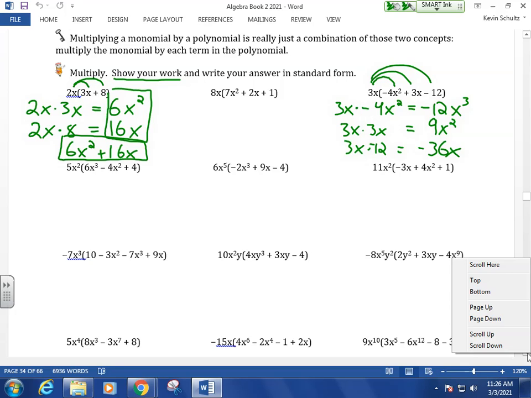Look at my shirt. Your final expression is these three terms put together in standard form. Negative 12x cubed comes first, highest power, followed by negative, not that. Really, I almost made it to the end without a big mess up. Let me come, there we go. Followed by positive 9x squared, and then negative 36x.